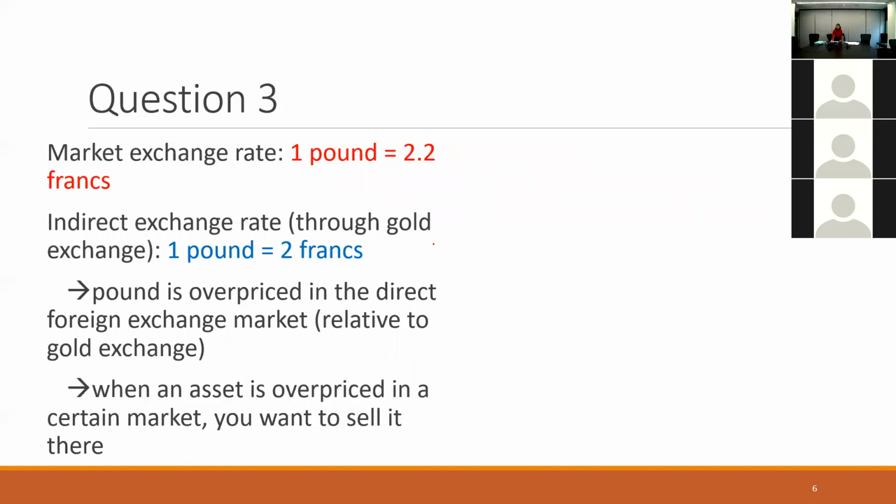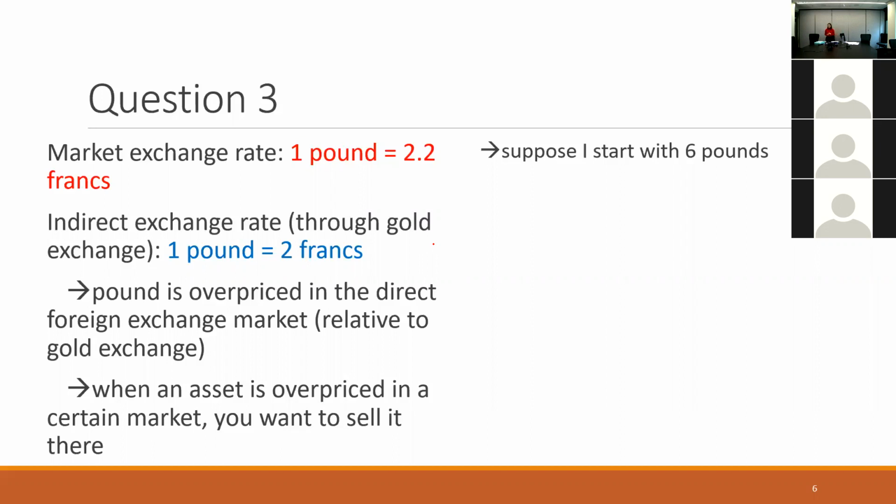So as a starting point, I would want to sell the pounds. Suppose that I have 6 pounds to trade for this strategy. If I want to sell the pounds in the exchange rate market, how much can I get?